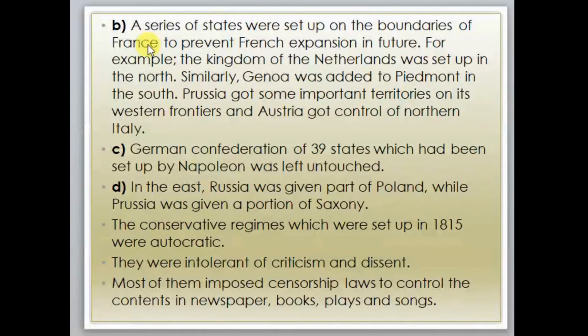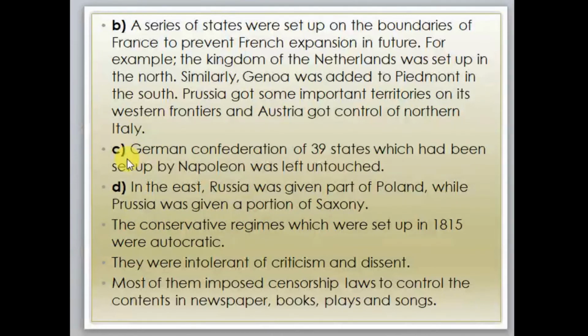These states were set up to prevent French expansion in future. For example, the Kingdom of the Netherlands was set up in the north. Genoa was added to Piedmont in the south. Persia got some important territories on its western frontiers, and Austria got control of northern Italy.